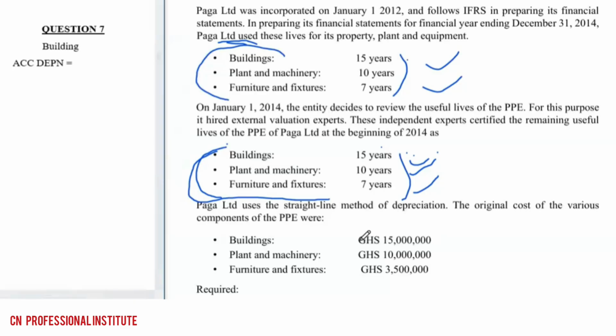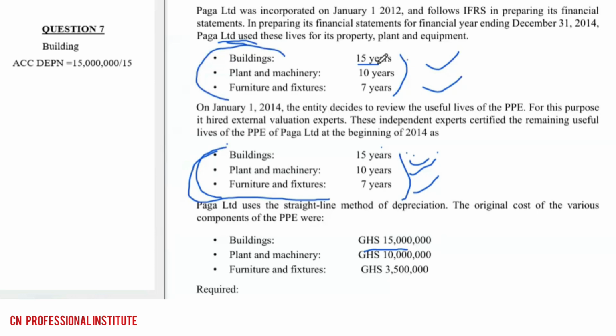If you come down here, you see 50 million for building. So that will be 50 million divided by the useful life, the top one, this 15 years. So that's what we are going to divide by, the 15 years.